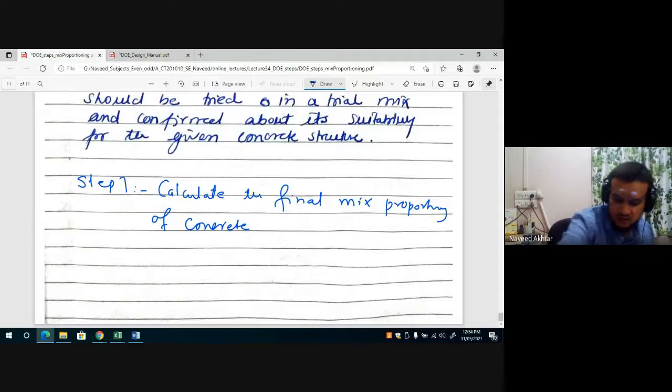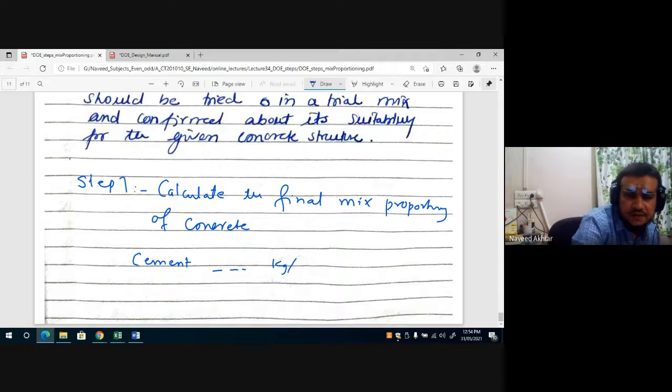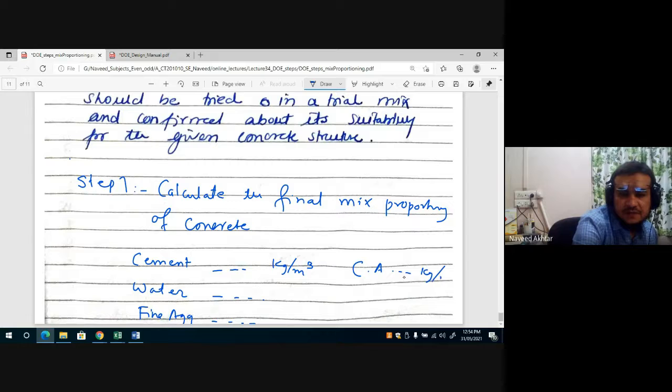It may be written in terms of kg per cubic meter: cement, dash kg per cubic meter. Similarly, water content. If you are using fly ash, then fly ash. Similarly, fine aggregate, coarse aggregate, kg per cubic meter.